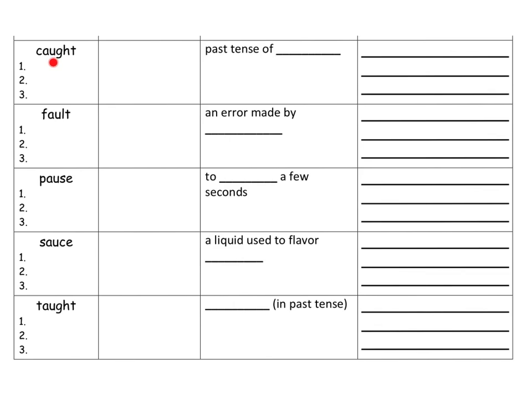Alright, here's the next word. Caught. The AU says "ah." Caught. Alright. Caught is a verb, and it's in the past. In the present tense, the word is catch.